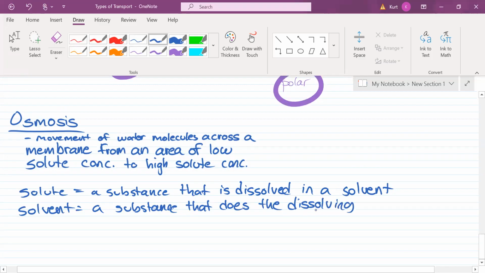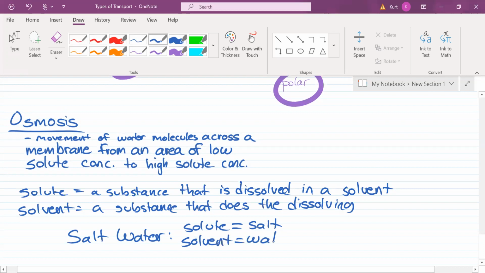So if you were to think of the Gulf of Mexico, the Gulf of Mexico has salt water. The solute is salt. The solvent is the water.